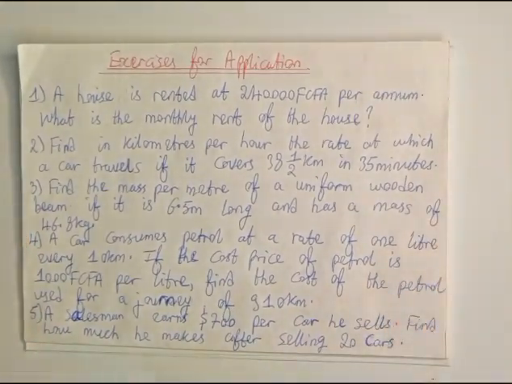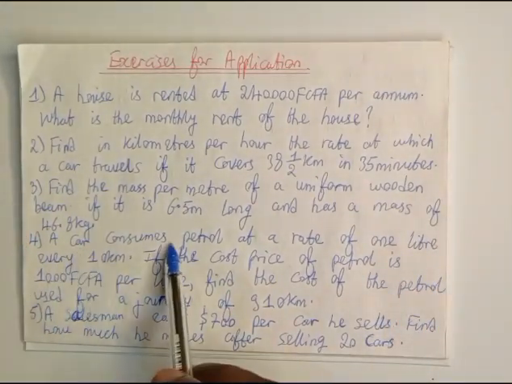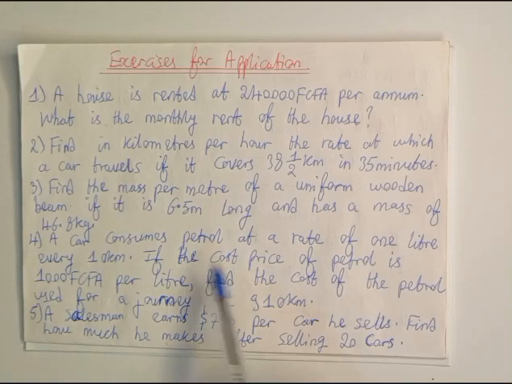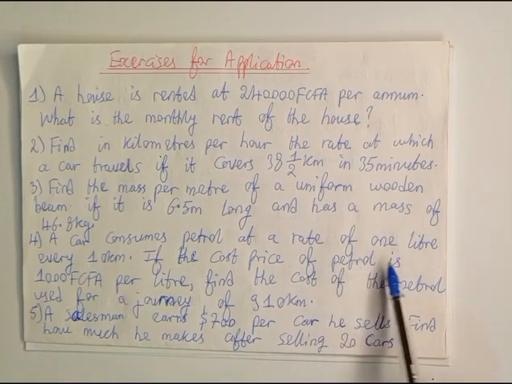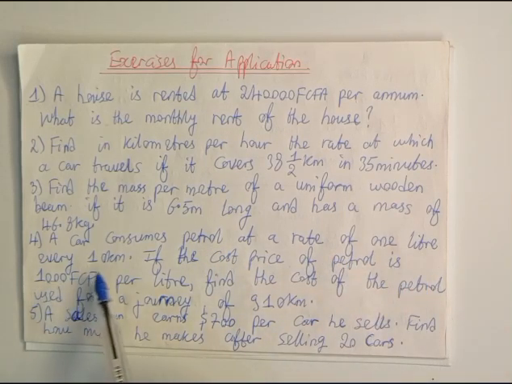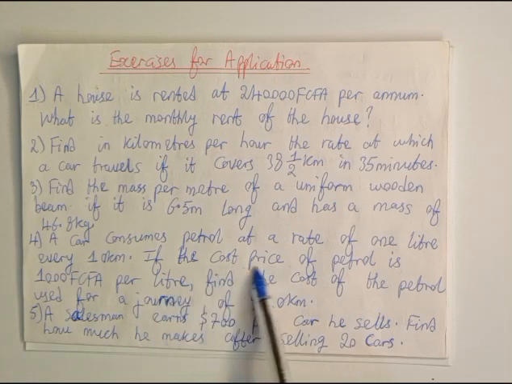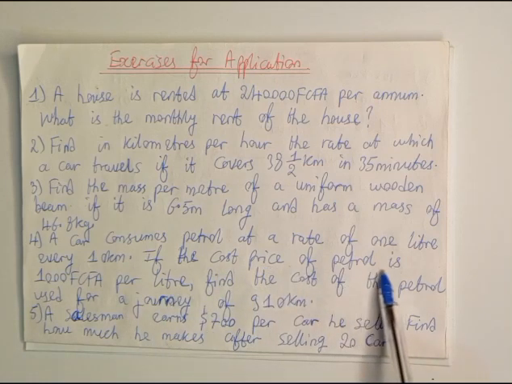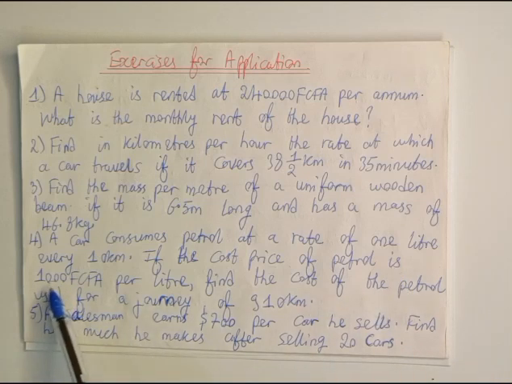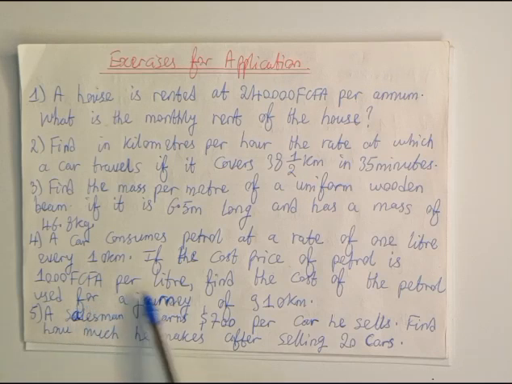Question 4. A car consumes petrol at a rate of 1 liter every 10 kilometers. That means when the car travels 10 kilometers, it consumes 1 liter of fuel. If the cost price of petrol is 1000 francs CFA per liter, that means 1 liter of petrol is sold for 1000 francs CFA.